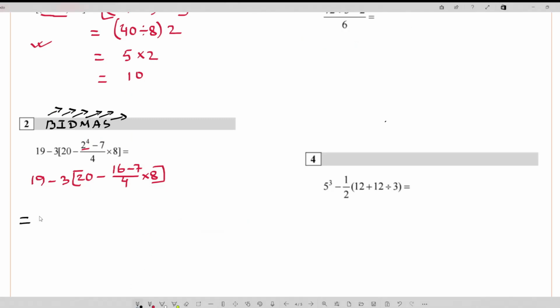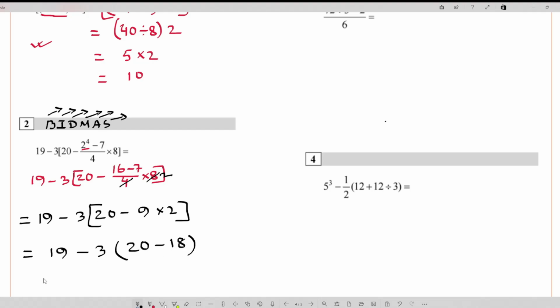Now here is 19 minus 3 start bracket 20, then minus 16 minus 7, it means 9, right? And this 8 we can divide by 4, it will become 2. So 9 times 2, right? Then here is 19 minus 3, then 20 minus 18, right? Then 19 minus 3, 20 minus 18, it means 2.